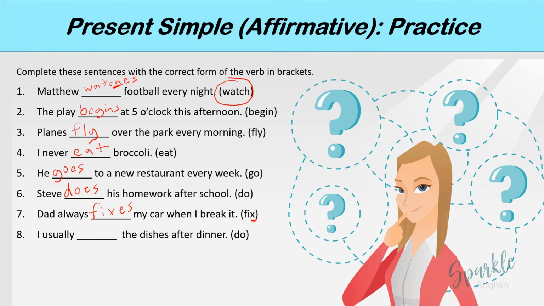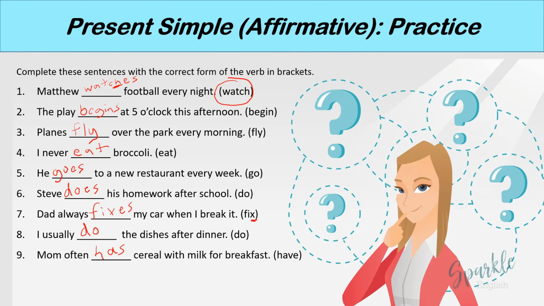Number 8, I usually the dishes after dinner. I usually do the dishes after dinner. Number 9, Mom often cereal with milk for breakfast. This verb is also irregular. For he, she, and it, we have to write has. Mom is a she, so she has.